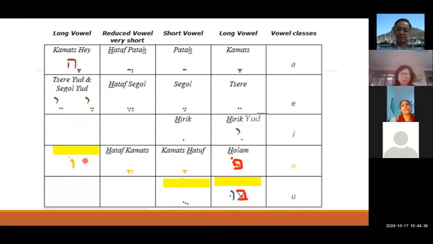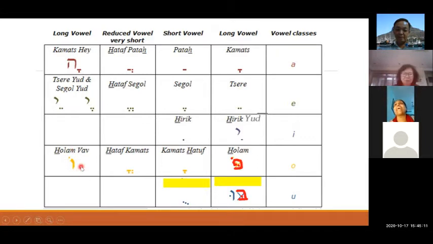And then finally, like you had the Kamatz He, the Sere Yod, the Segol Yod, and the Hirik Yod, now you have the Holem Vav. That just means the Vav is used along with the Holem just to elongate the O sound. So it is the long O vowel. Sometimes you will find just a dot.